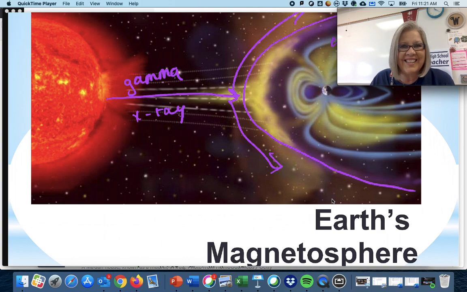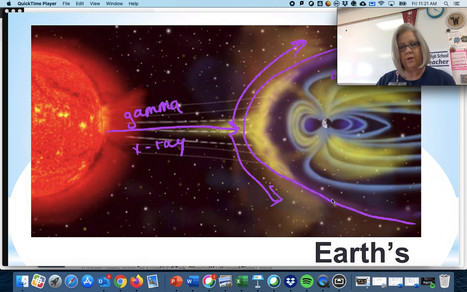Now, the Earth sits in a really interesting position. It's known as the Goldilocks zone, meaning we're not too far away from the sun and not too close. So we're just right. The other thing is we're not too big and we're not too small. We're just right, which allows for Earth to exist.